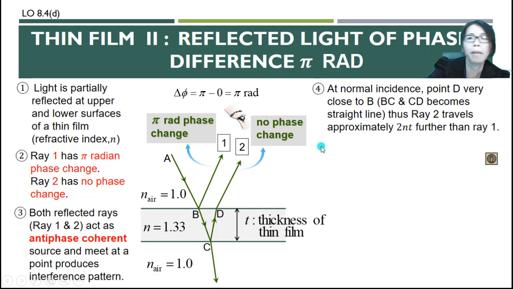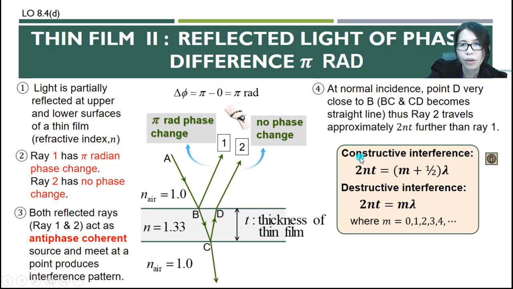Again, at normal incidence, point D is very close to point B, so B, C and D might become a straight line. So our ray 2 will travel approximately 2nt further compared to ray 1.